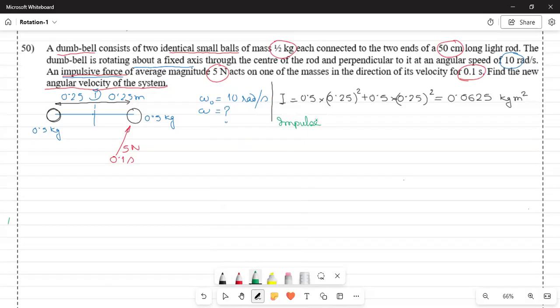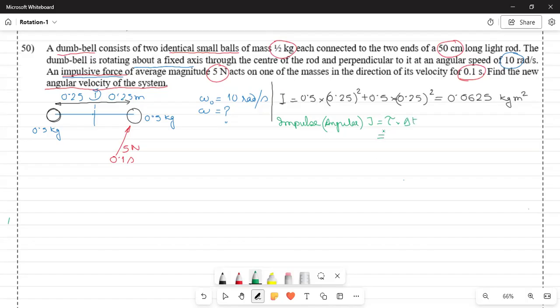And in angular motion, angular impulse, designated by capital J normally, is torque of the force multiplied by del t. This is very important to understand.